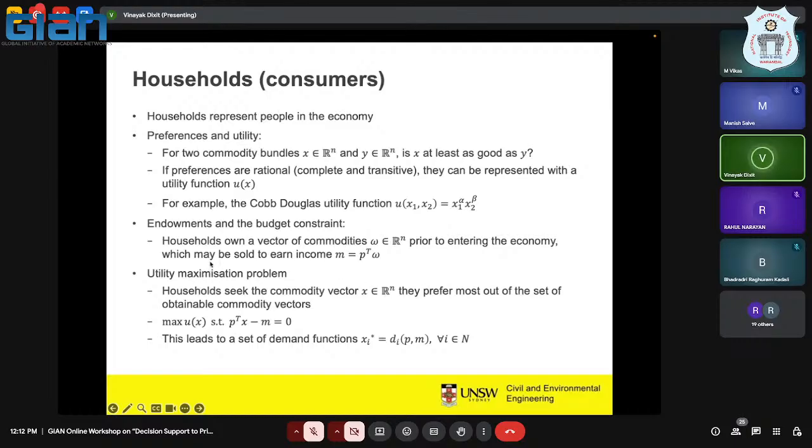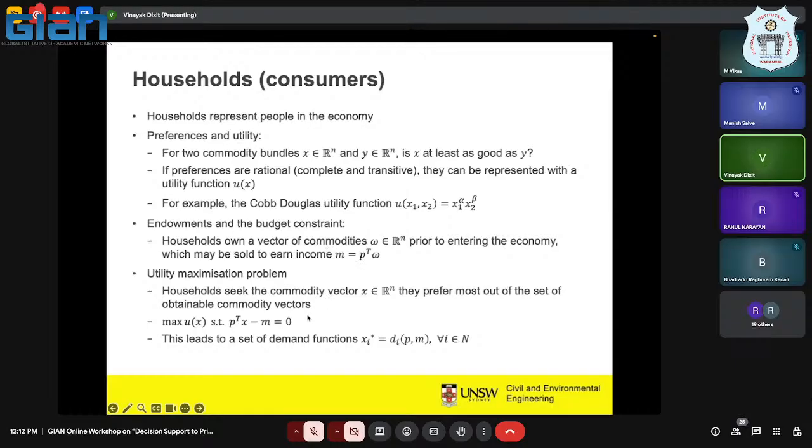Then the problem we try to solve is, we are trying to maximize this utility such that P^T X minus M is equal to 0, where P^T is the prices, W is the commodities, and M is the income.